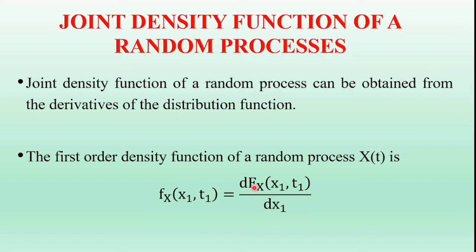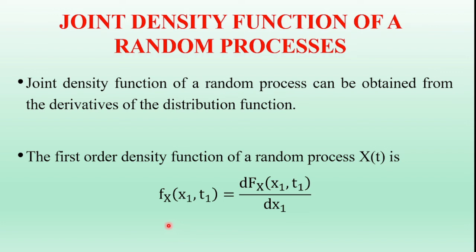So here capital Fx of x1 comma t1 is the first order distribution function of a random process x of t. Small fx of x1 comma t1 is the first order density function of a random process x of t. So this is the definition of the first order density function of a random process.